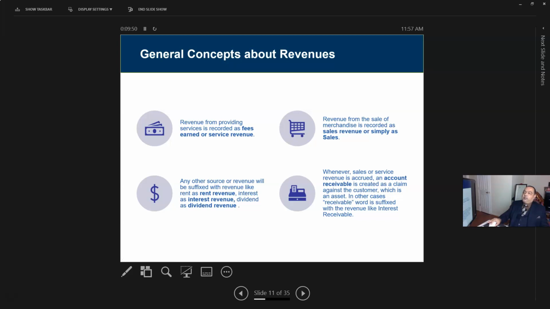First, revenue from providing services is always recorded as either service revenue or fees earned. Now that nomenclature becomes important because you want to know what is the source of the revenue. Revenue from the sale of merchandise is recorded as sales revenue or simply as sales. So that is another nomenclature.